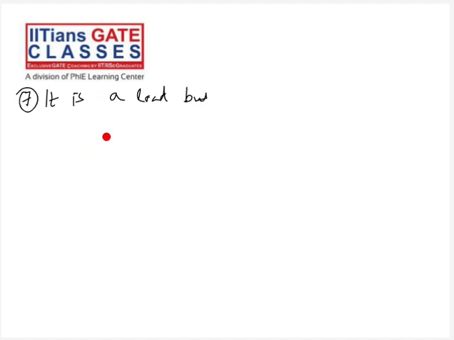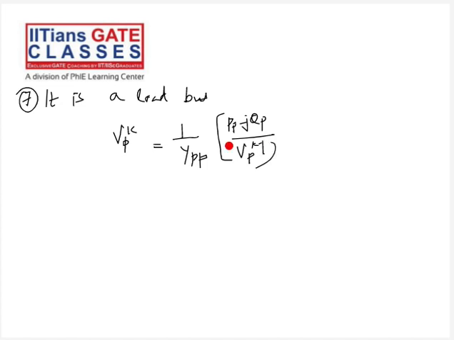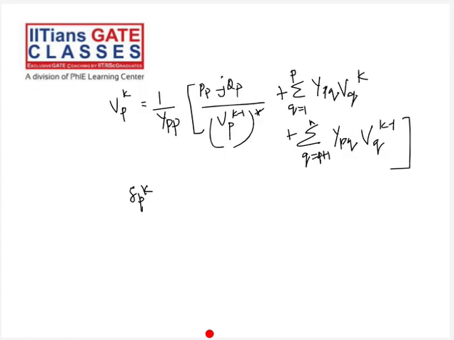So we say VPK equal to 1 by YPP into PP minus JQP divided by VPK minus 1 conjugate minus, did I put minus over here or plus? It was wrong. You guys, please correct me.